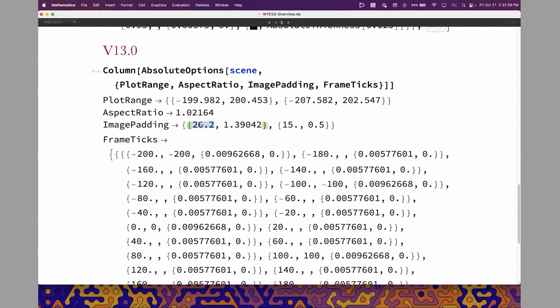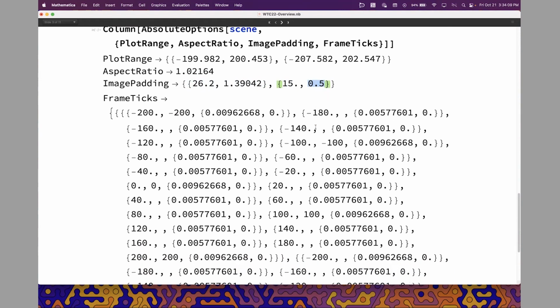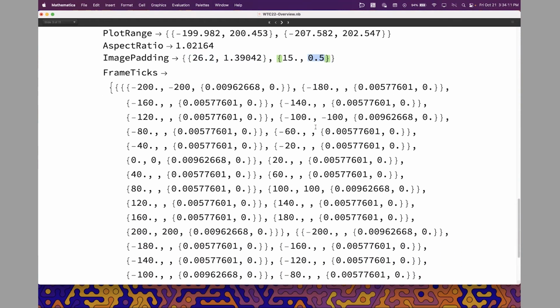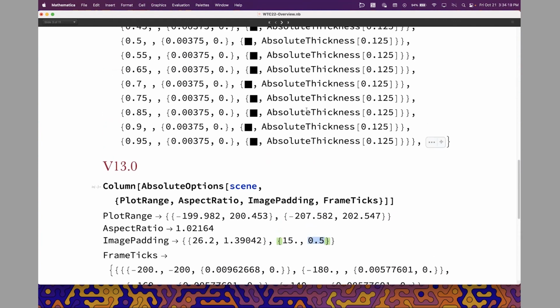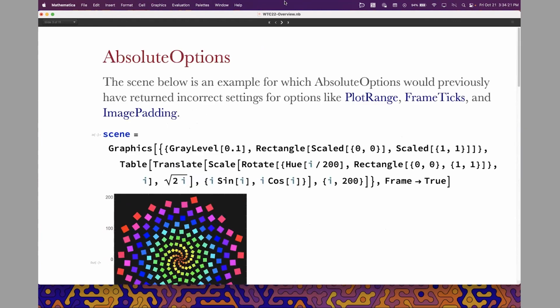And so this is 26 points on the left and 1.4 on the right and 15 on the bottom and 0.5 on the top. And then the frame ticks are numbers that actually correspond to ticks that go from -200 to 200. And so this is a much more reliable thing to work with now in the cases where you're building things up and you want to know what the settings of a graphic actually are.